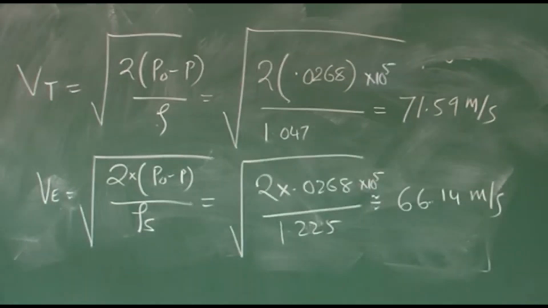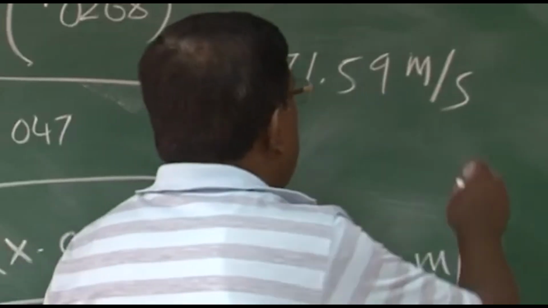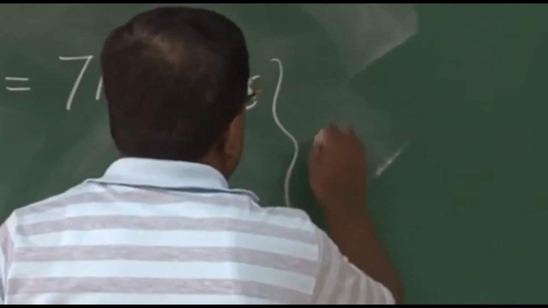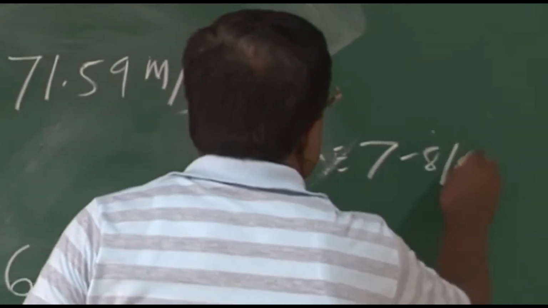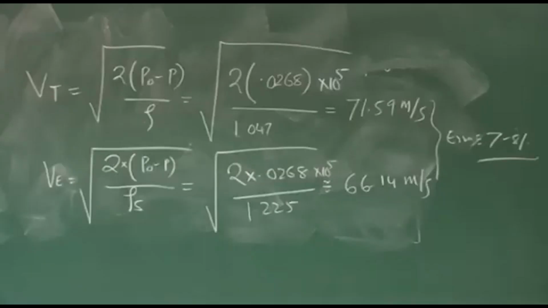The message is that true air relative speed is 71.59 meter per second, but V equivalent air relative speed, which is actually what I am seeing in the dial gauge or airspeed indicator, is 66.14 meter per second, and roughly the error is 7 to 8%. Okay? This will help you in calculating equivalent airspeed and true airspeed.